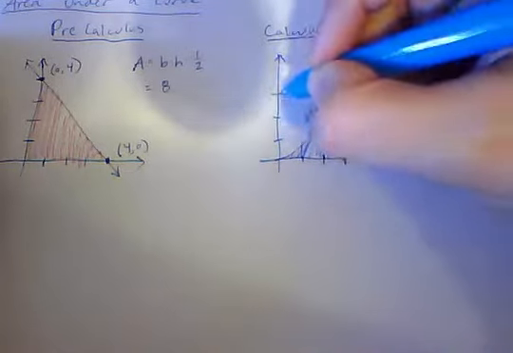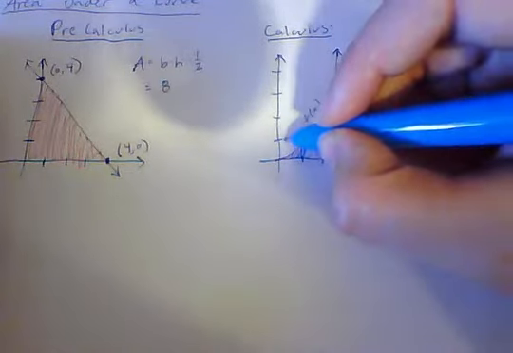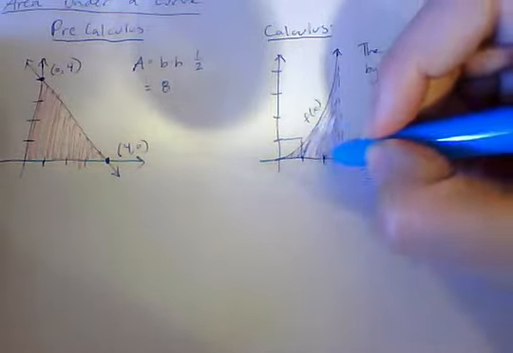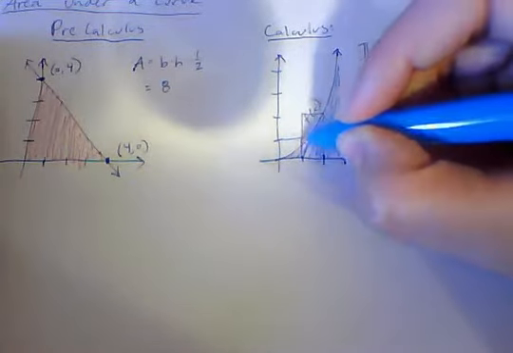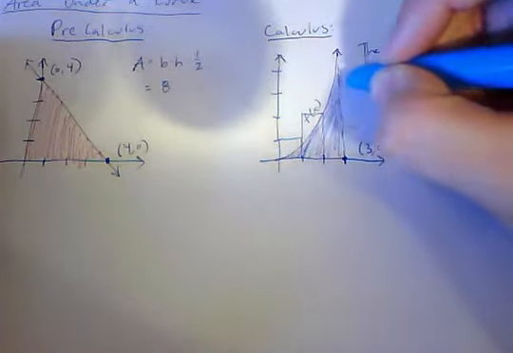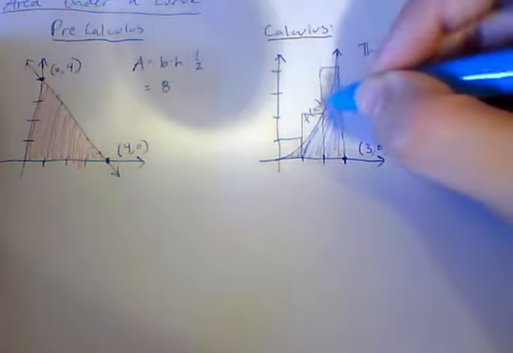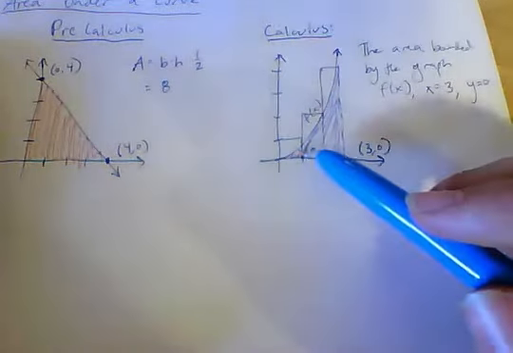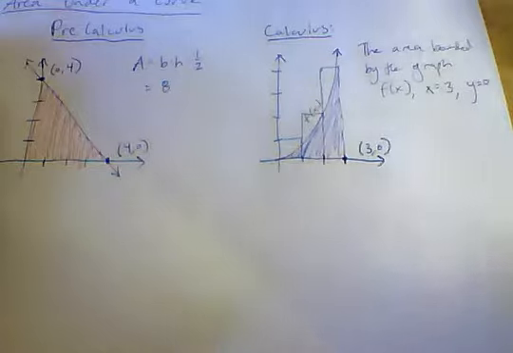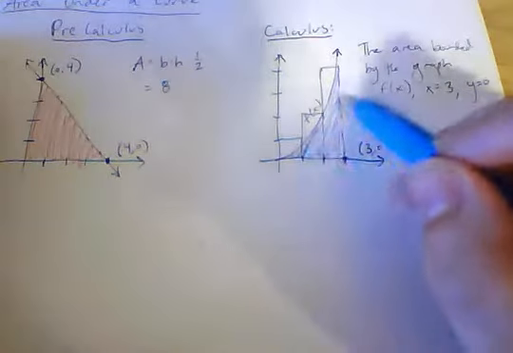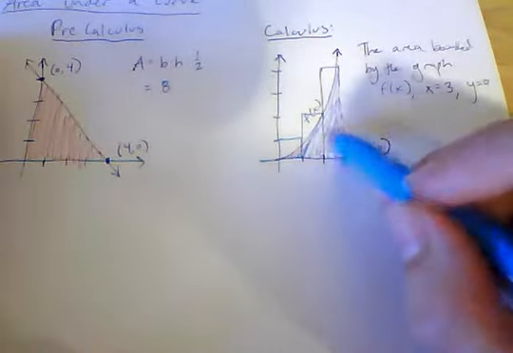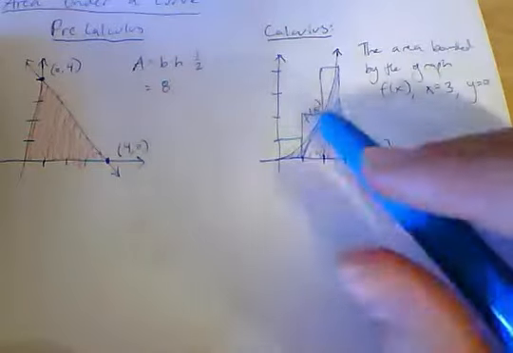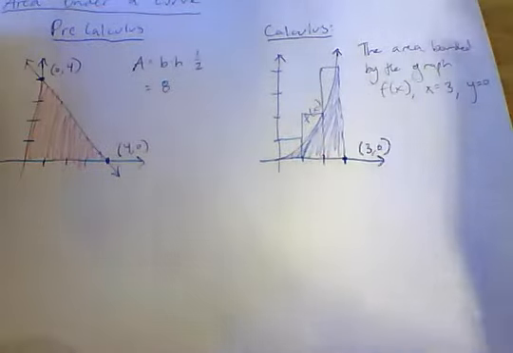So let's get some rectangles going here. And we just make sure that they touch our data. And then we would take the area of each rectangle, and that is how we would approximate the area under the graph, under the curve.